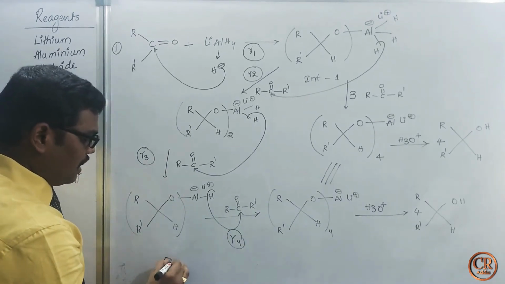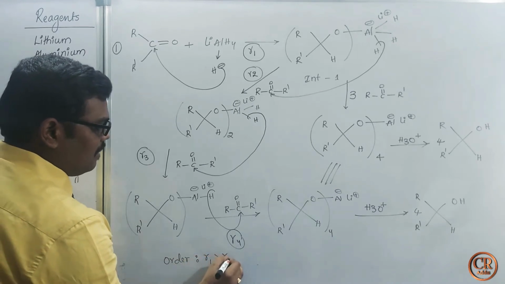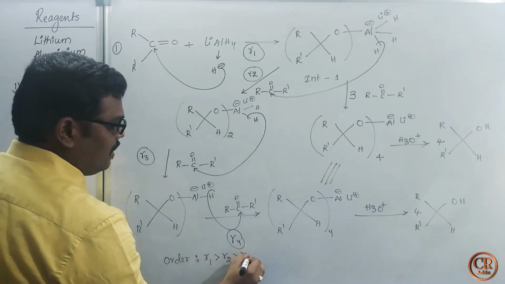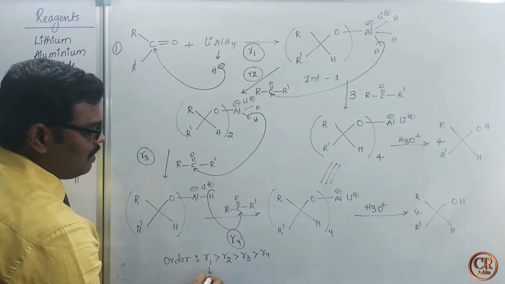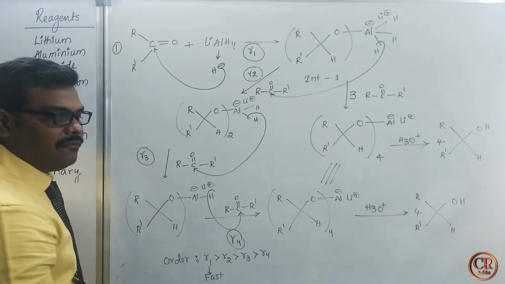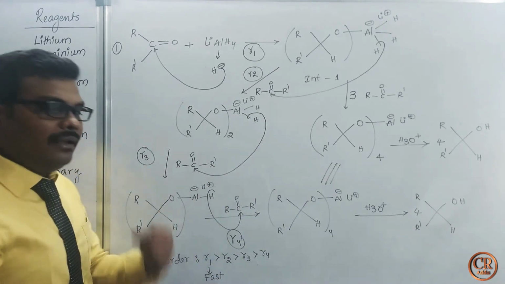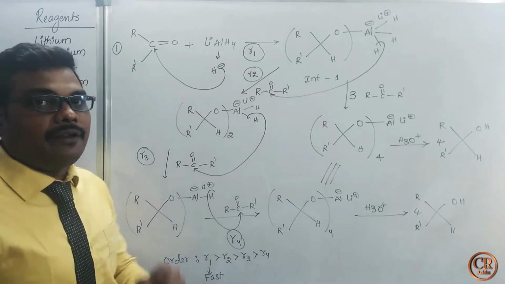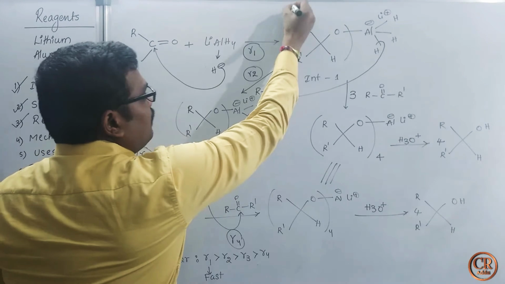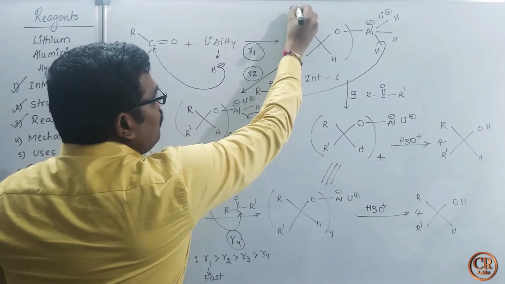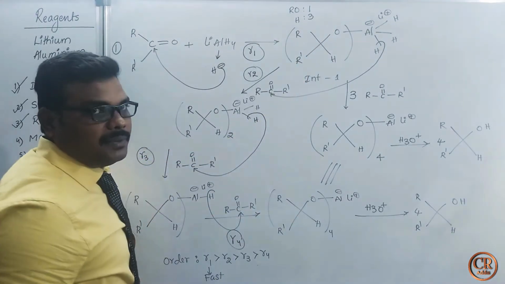Now if you take the order of all these rates, R1 is greater than R2, which is greater than R3, which is greater than R4. So from this we are saying R1 is a very fast step compared with the other steps. Now why is R1 very fast? The reason is, suppose you take intermediate one: in intermediate one only one alkoxy group and 3 hydrogens are present.